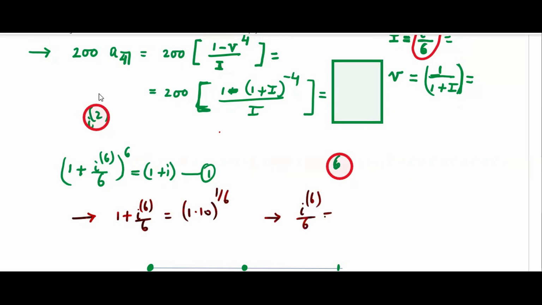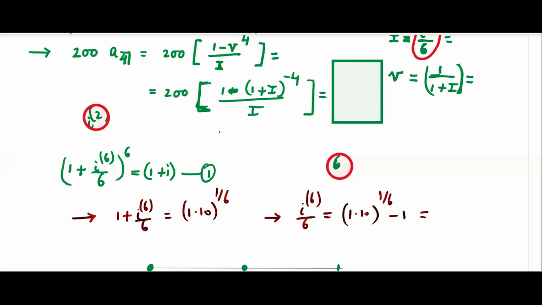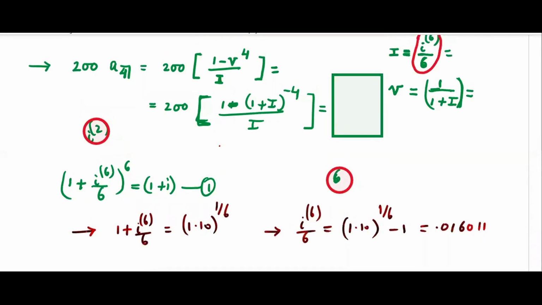Then this will be 1.10 power 1 by 6 minus 1. 1.10 power 1 divided by 6 minus 1 gives 0.016011. Let me write that. If you want, you can find V as well, but directly we'll apply this.